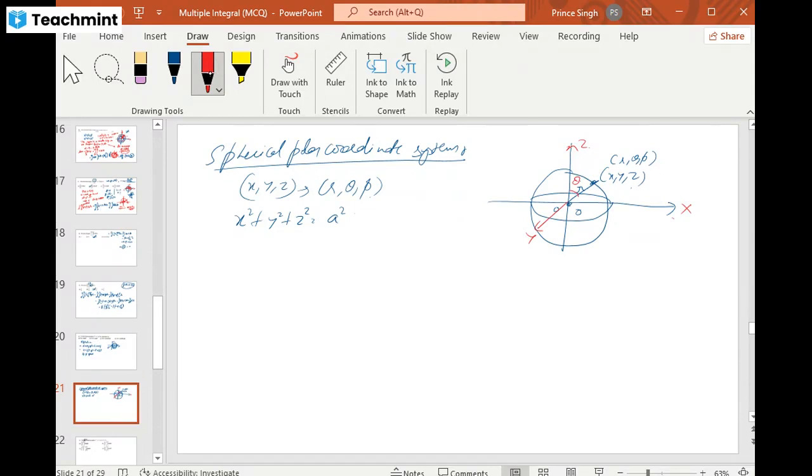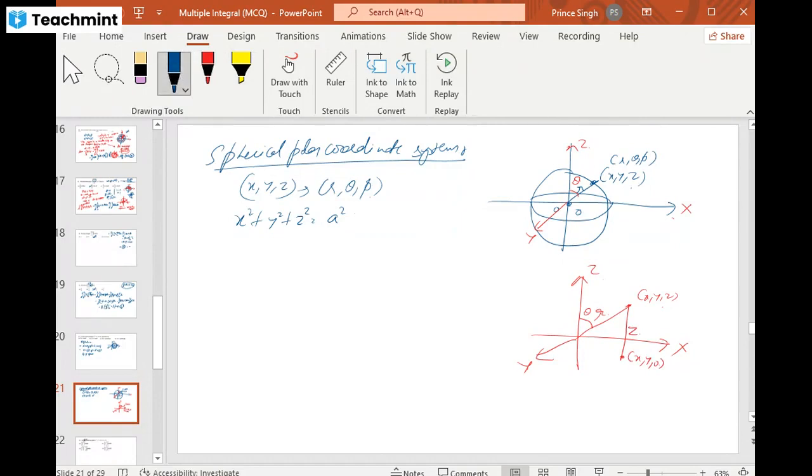So this is r, this angle is theta, and here this point is x, y, z. I'm taking a projection of this particular point in the xy plane. So this is the xy plane, this is zx. If I take its projection in the xy plane, its coordinate will be (x, y, 0) and this distance is z.